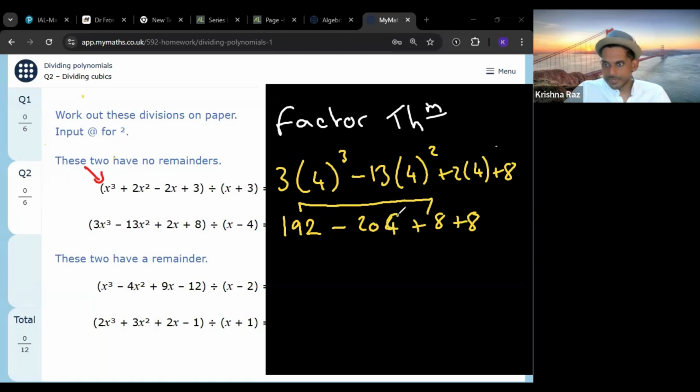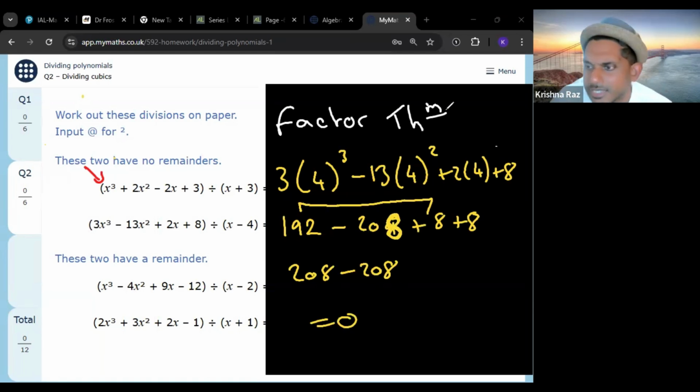Oh, yeah, that's meant to be 208. So we have 208 minus 208, which equals 0. And let me be clear there. I think I said 13 times 16 is 208, but I wrote down 204. So we get 0 again.